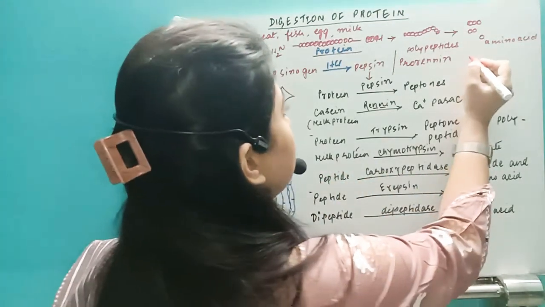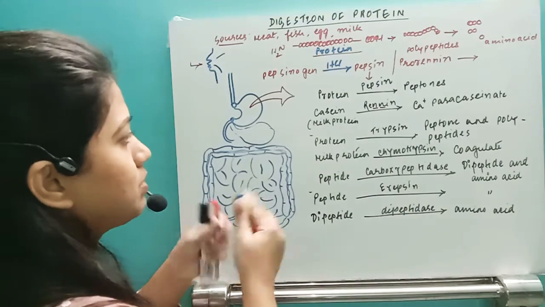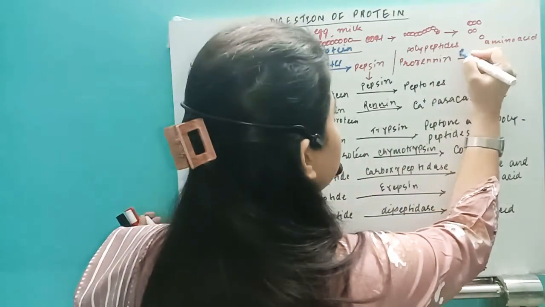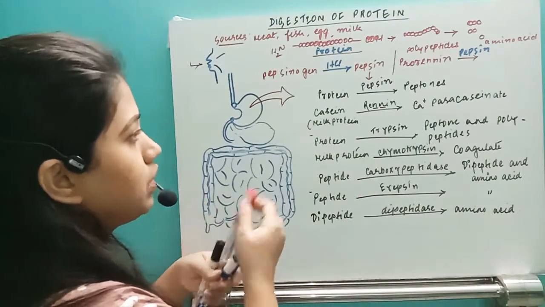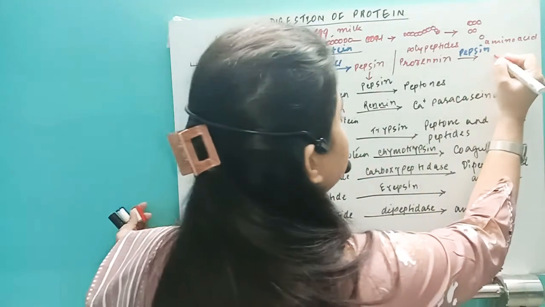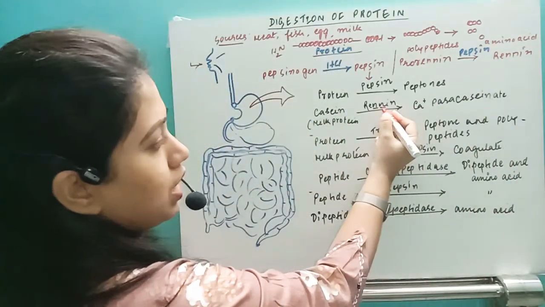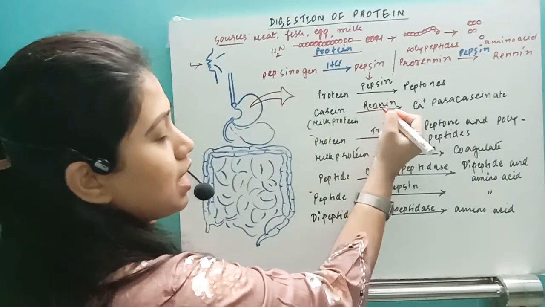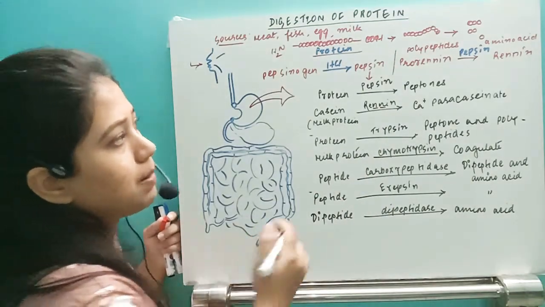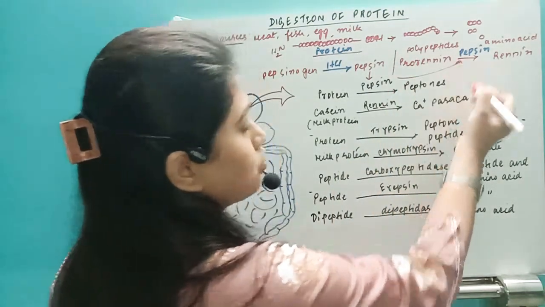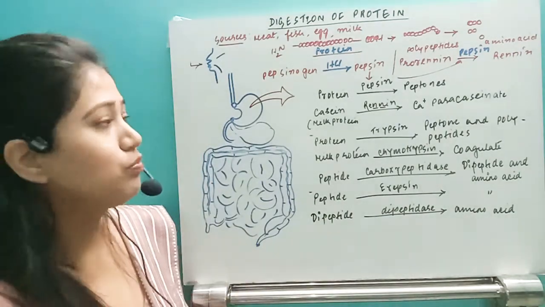So this prorenin, in presence of the pepsin, will be converted into renin. So this renin is actually released in the prorenin state, and in presence of the pepsin, this pepsin will act on this prorenin and convert it into renin.